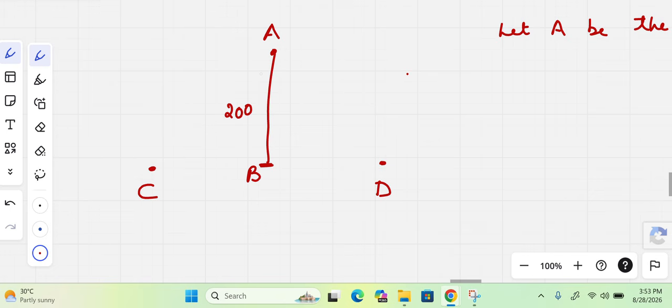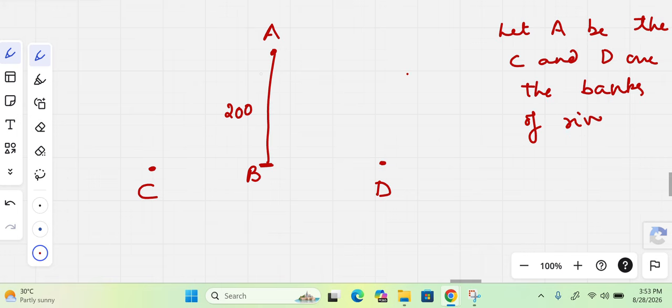You have to understand two banks of the river, so write here C and D are the banks of the river. If you write all this, the teacher will understand that you have read the question carefully. If you have not read it clearly, your diagram will go for a toss.